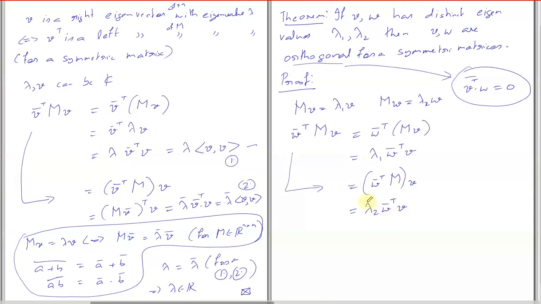Okay, lambda 2 bar. It's lambda 2 bar, right? Just a second. We already proved that the eigenvalues of a symmetric matrix are real, right? Yes, sir. So lambda 2 bar is lambda 2 from the previous result.